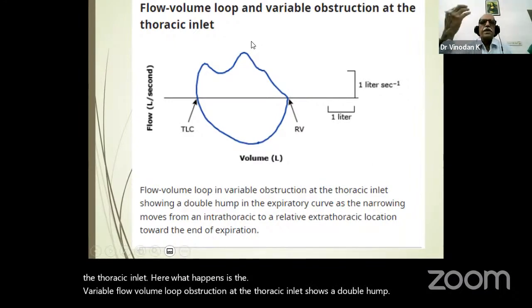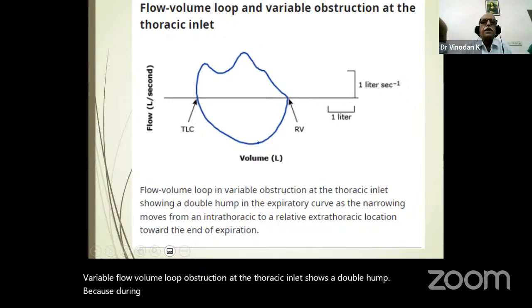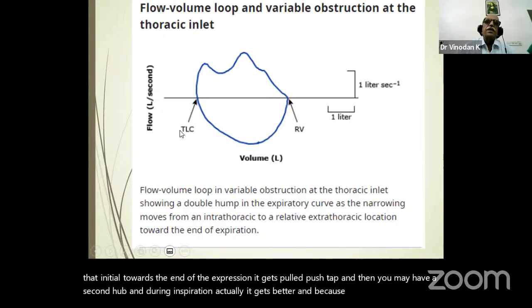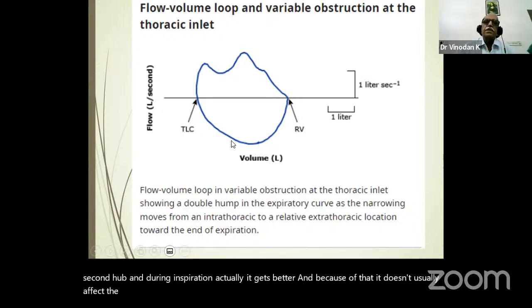Because during expiration it gets pushed out, and during inspiration it gets pulled in. So towards the end of the expiration, it gets pushed up, and then you may have a second hump. And during inspiration it actually gets better, and because of that it doesn't usually affect the inspiratory curve.